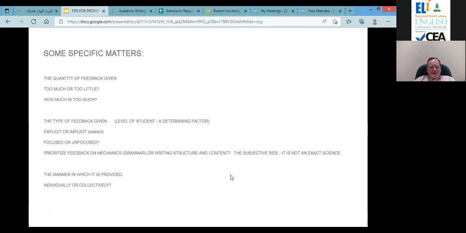Now, again, for the type, what kind of feedback do you give, is it explicit or implicit? How do you do this?